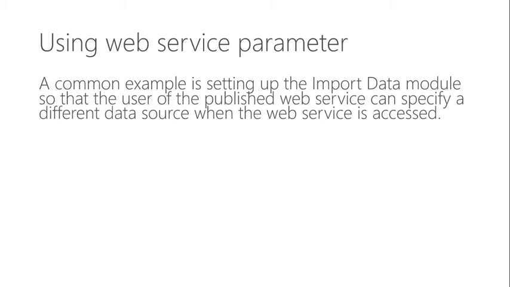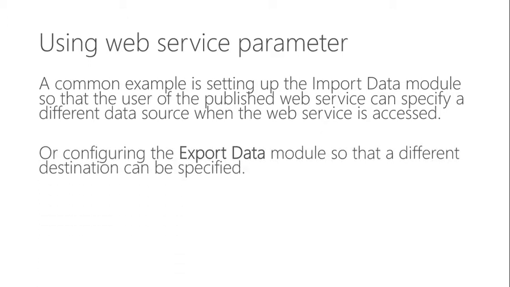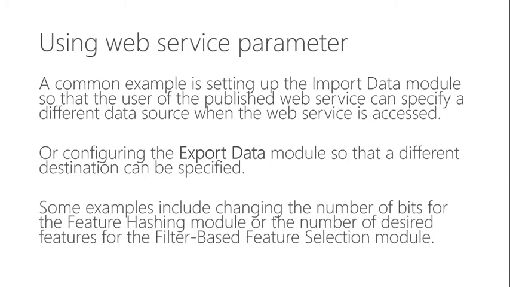A common example is setting up the Import Data module so that the users of the published web service can specify a different data source when the web service is accessed, or configuring the Export Data module so that a different destination can be specified.